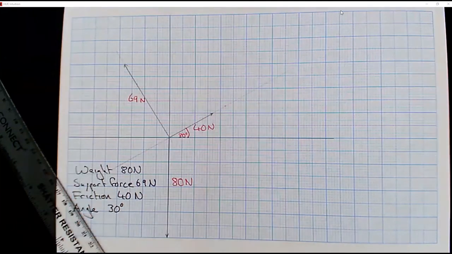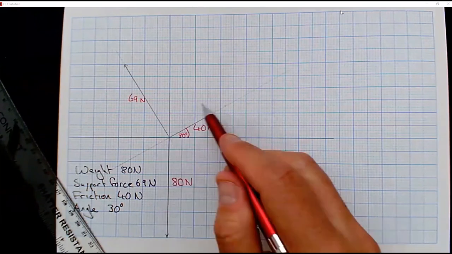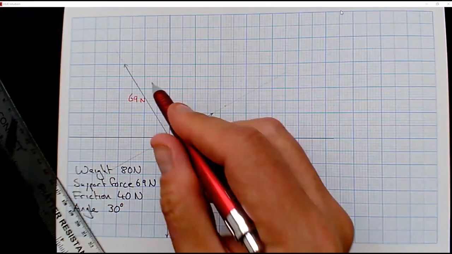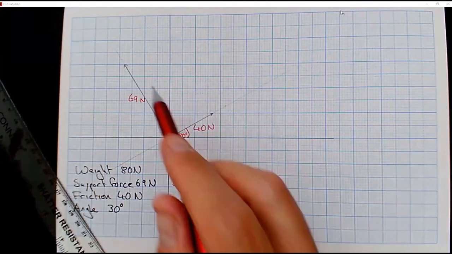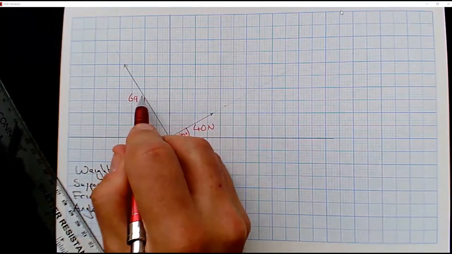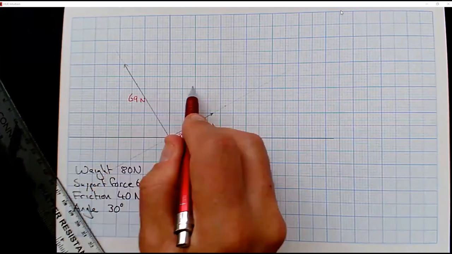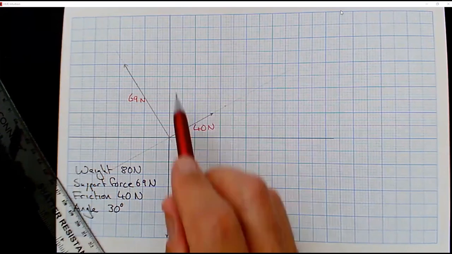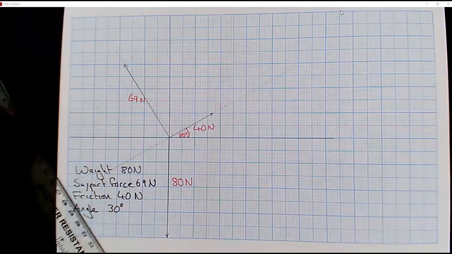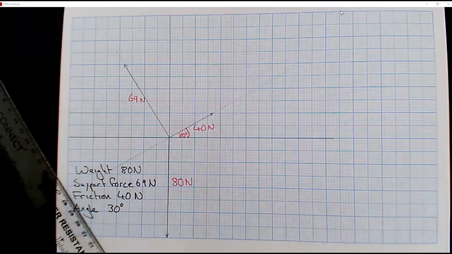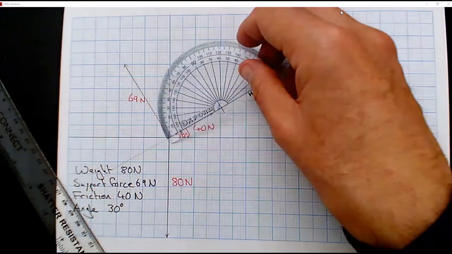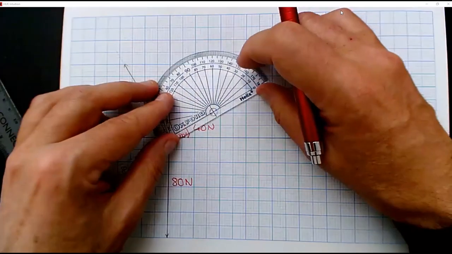Now, what we need to do is move our vectors around. We're going to leave the 40 Newton where it is. That doesn't need to be moved. So we're going to do 2 operations. We're going to move this 69 Newton vector in that direction. And then we're going to move the 80 Newton vector upwards. So firstly, we know that the 69 Newton vector, its direction is maintained, so it must still be at right angles to the slope.